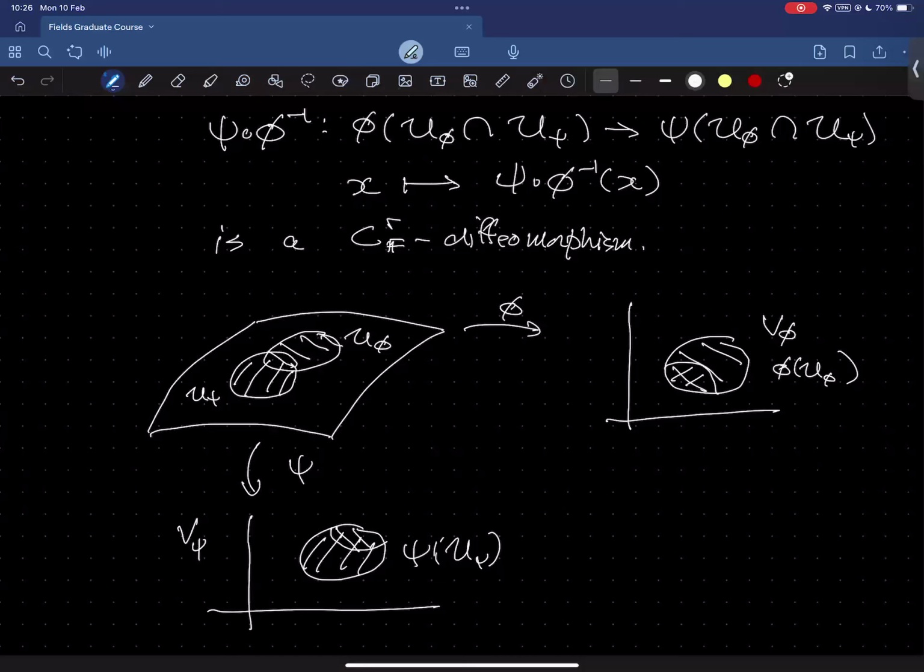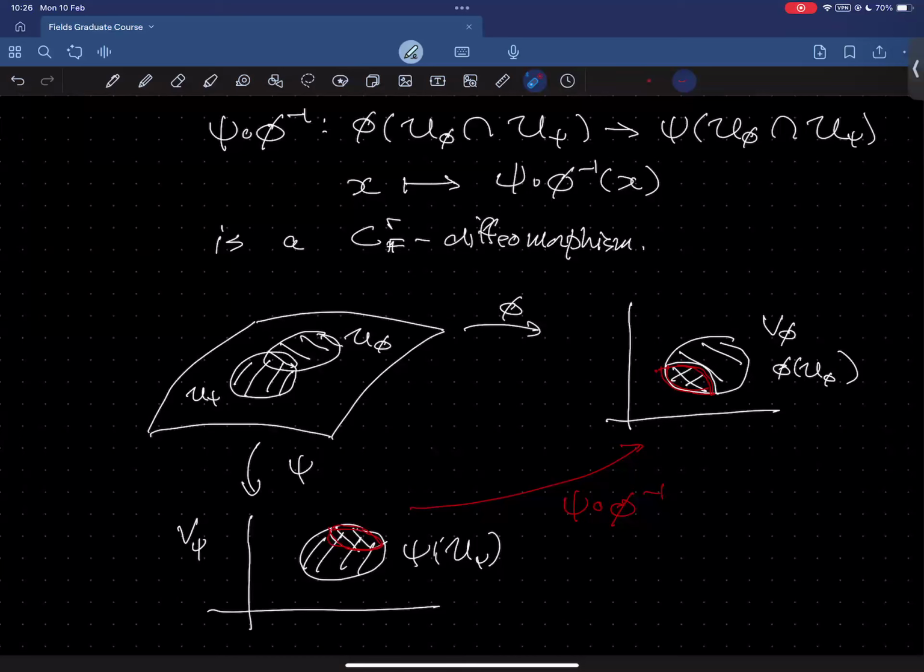Given a point in the image of the intersection, which I'll outline in red, that is going to map to the image here. This map, which maps the red bits to the red bits, is the overlap map, ψ composed with φ inverse, and we require that mapping to be a C^R diffeomorphism.